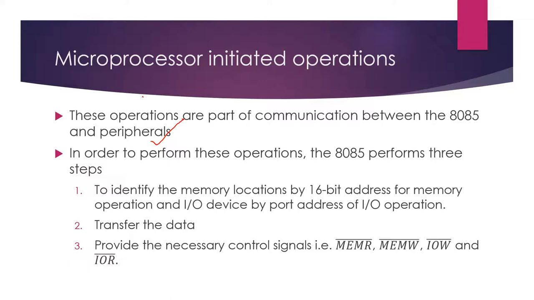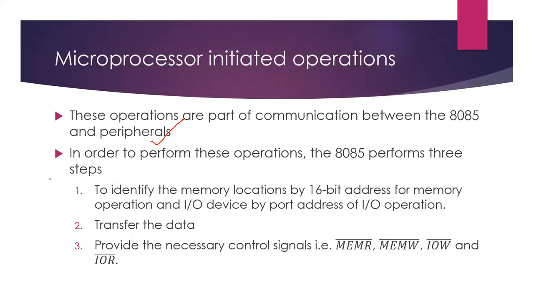In order to perform these operations, the 8085 performs three steps. Whenever the 8085 initiates any memory read, memory write, input output read, or input output write, it has to perform three steps. What are these three steps?